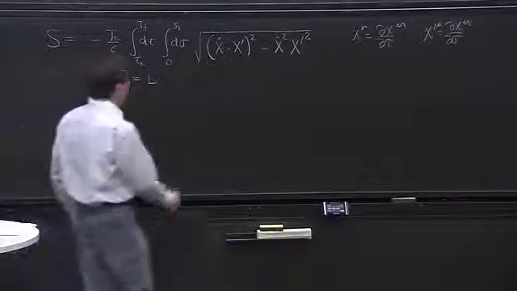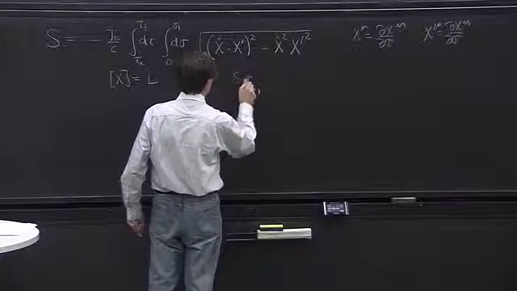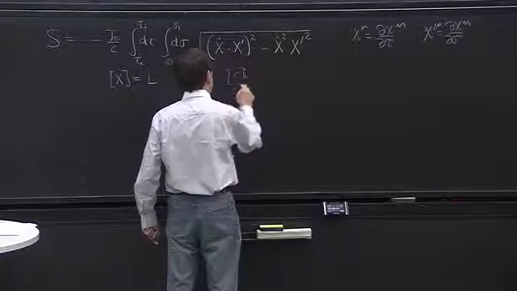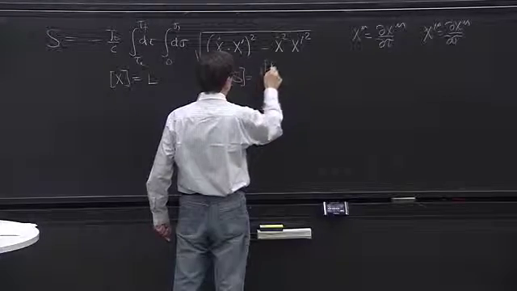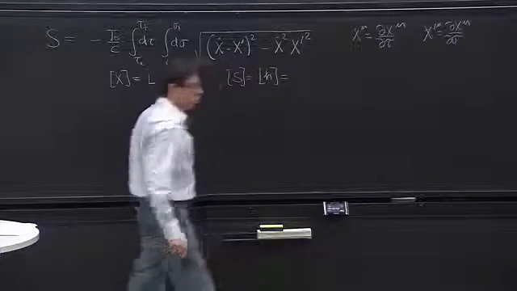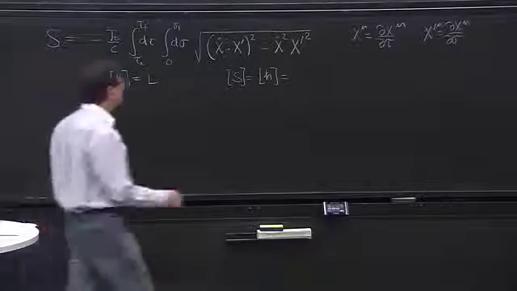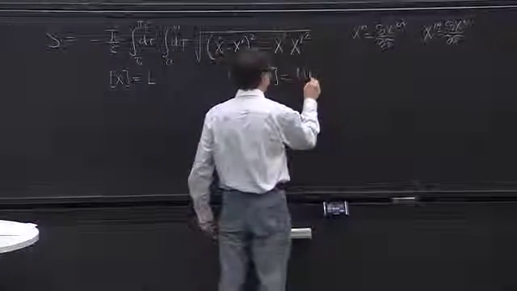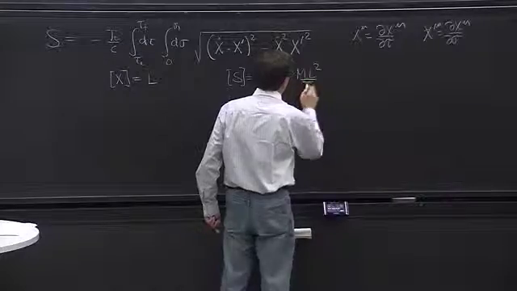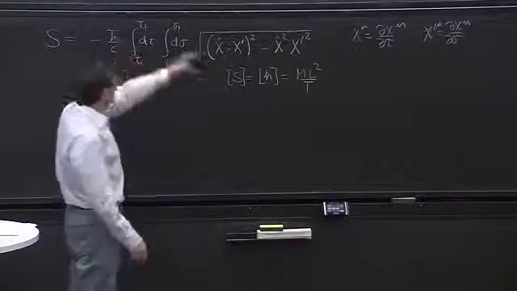The units of an action must be equal to the units of h bar. We're keeping every unit in there, so it's m l squared over t. And we can look at the units of this thing.